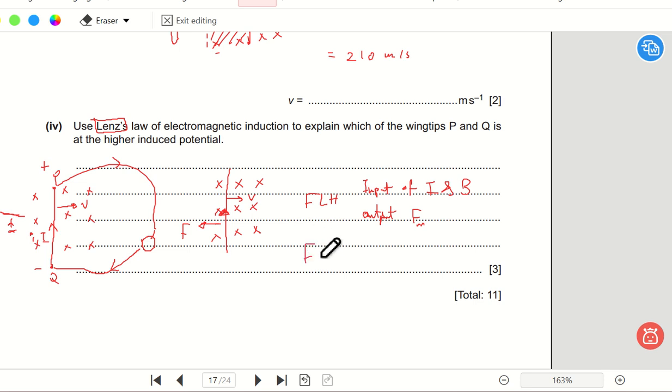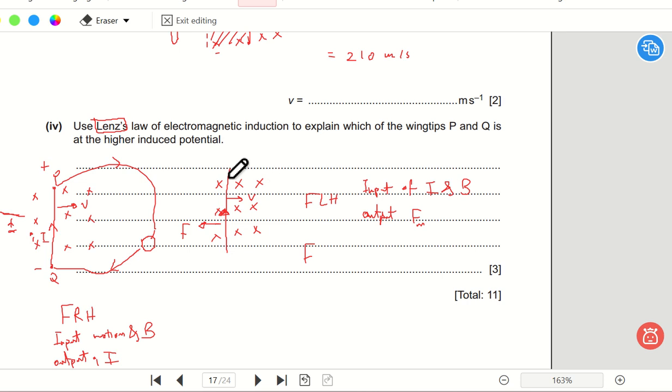And if we used Fleming's right hand like the case here, we would have the input to be motion and B, and the output to be the induced current.